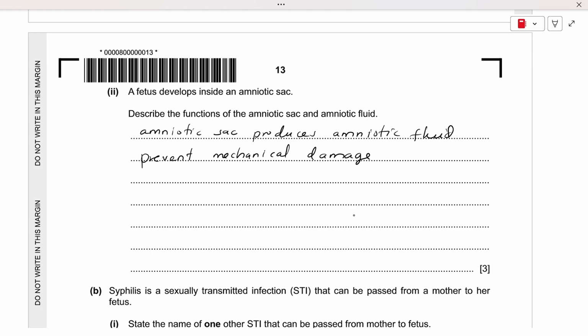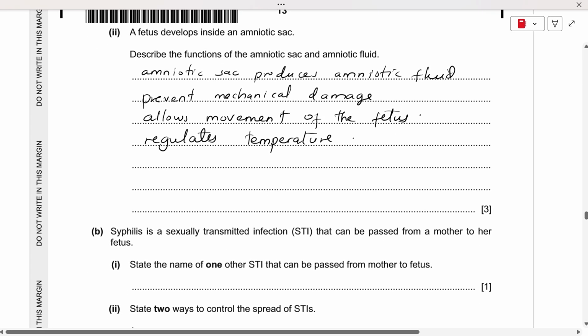All right, apart from preventing mechanical damage, it allows movement of the fetus, but also the fluid helps to regulate temperature. So these are some of the functions of amniotic fluid and amniotic sac.